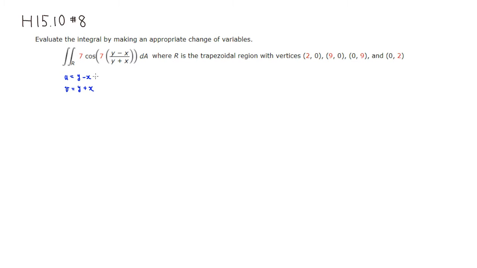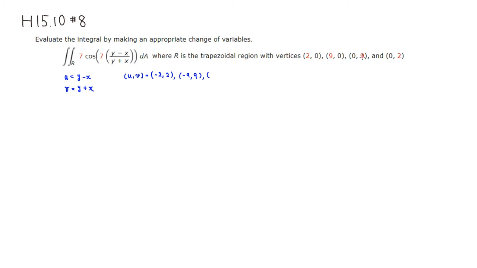So here, let's say u comma v is, first point, u is y minus x, so it's going to be negative 2, and v is the sum, so it's negative 2 comma 2. Next point is 0 minus 9, so it's negative 9, and the sum of these two is 9.